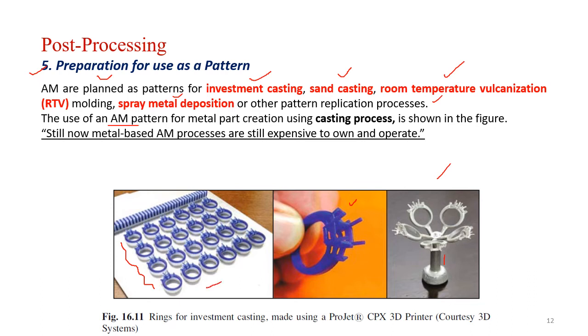Each ring is supported by a secondary support material, and each is connected. In this instance, the rings are added to the tree after additive manufacturing. So these are the rings getting added to the tree before they are cast.